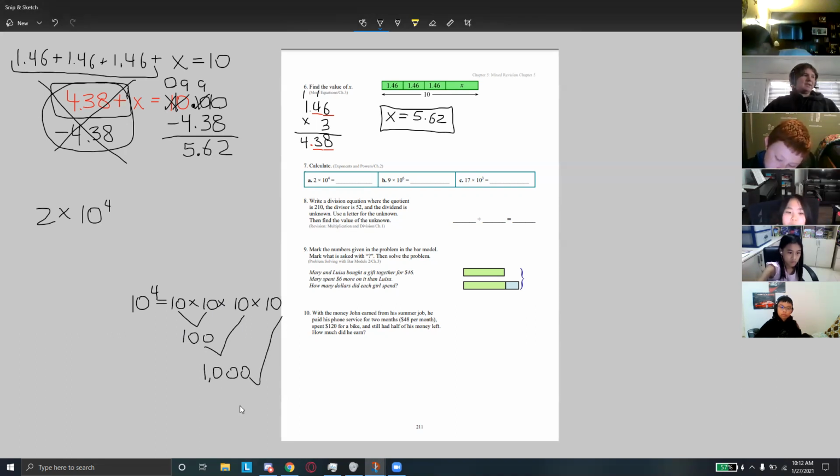And 1,000 times 10 is 10,000. And so you see, 10 to the 4th power is equal to 1 with 4 zeros after it. How many zeros? 4, because it's 10 to the 4th power. We're going to have 4 zeros after the 1.